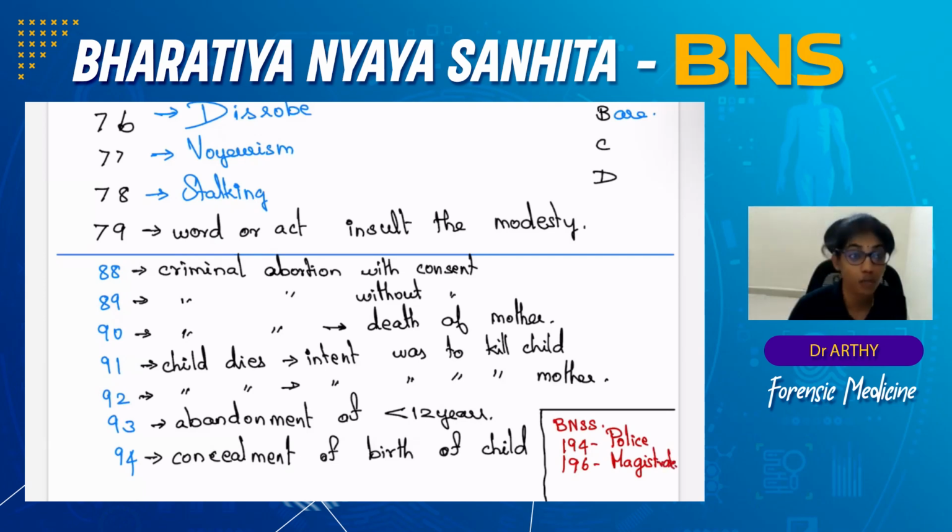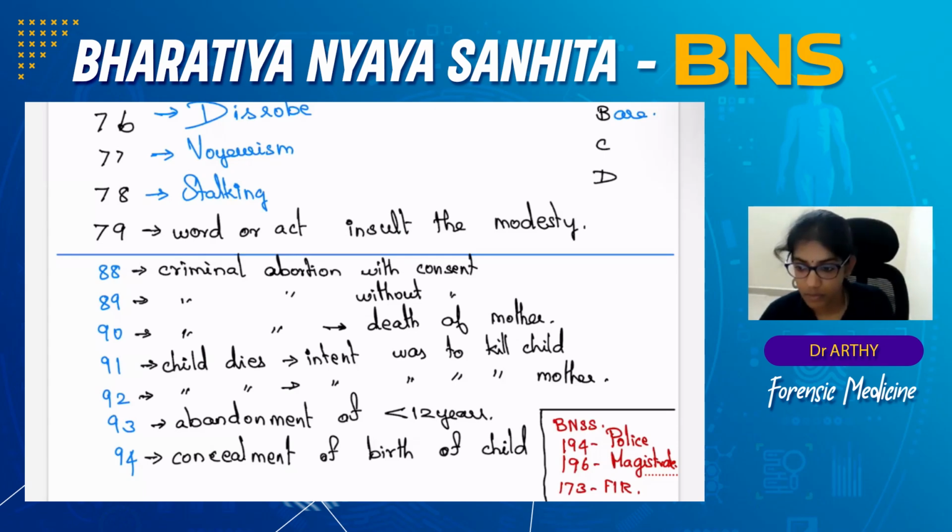These two are important ones and I would like you to know about them. The other thing you can know about is 173, where an FIR has to be filed. That's one more section that I would insist on you knowing.